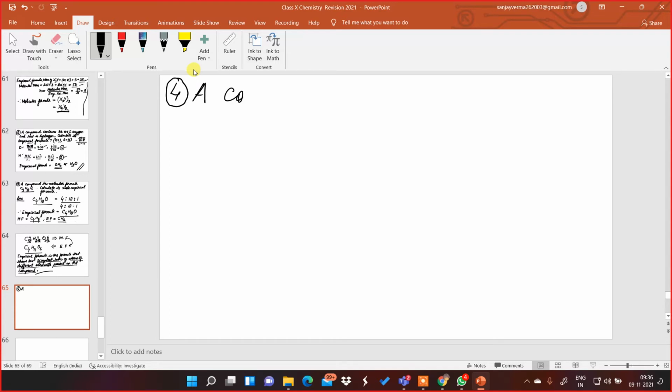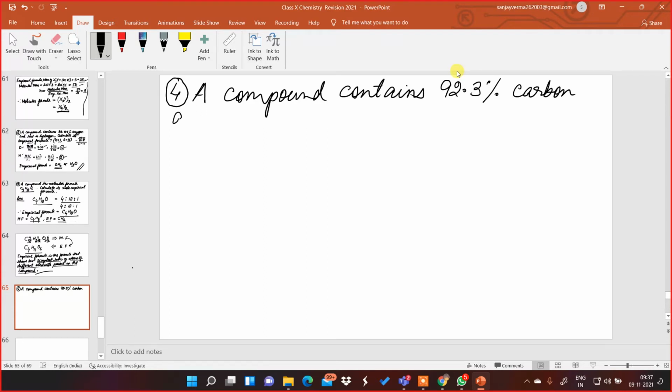A compound contains 92.3% carbon, and the rest is hydrogen.